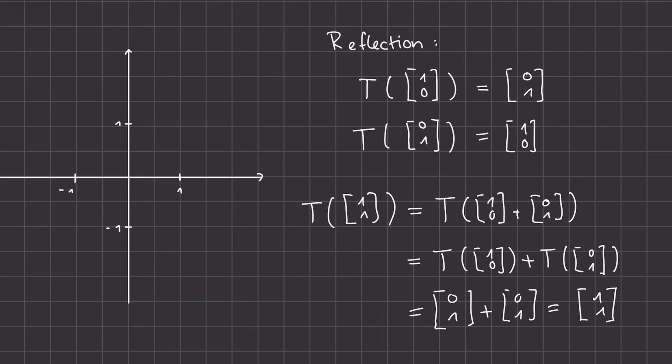So we see that just knowing what happens to the basis vectors, we can apply that for points by pulling them apart and writing them in terms of these basis vectors, which we can pull apart because of our first rule, and thereby define what a certain transformation does.